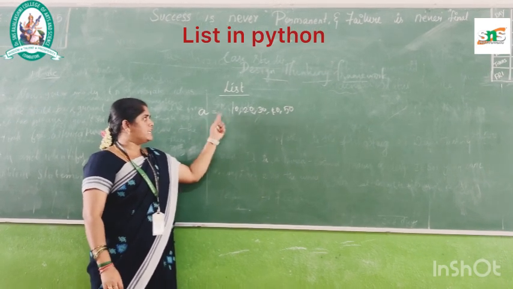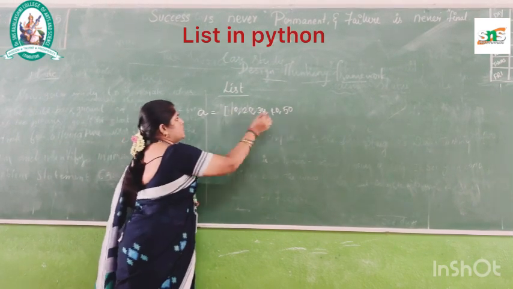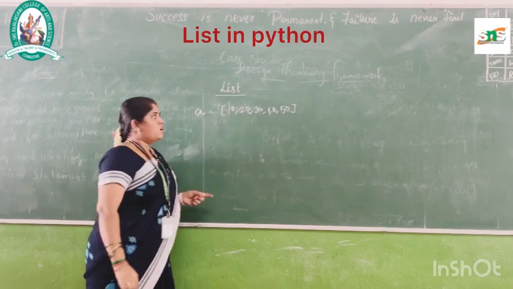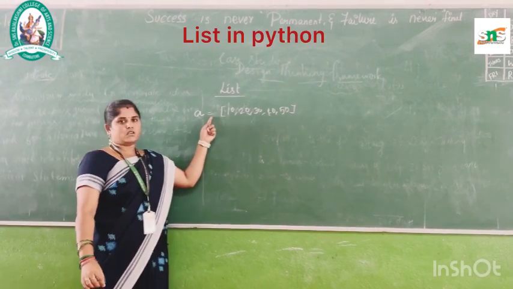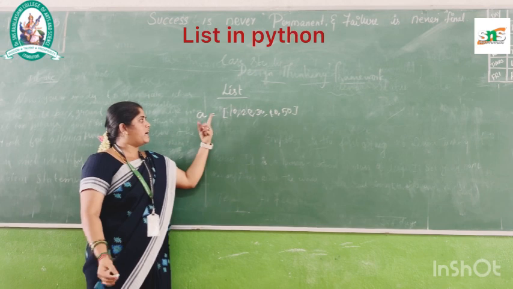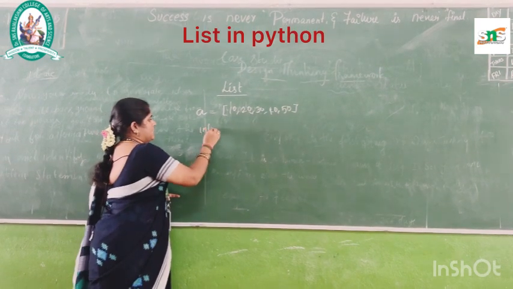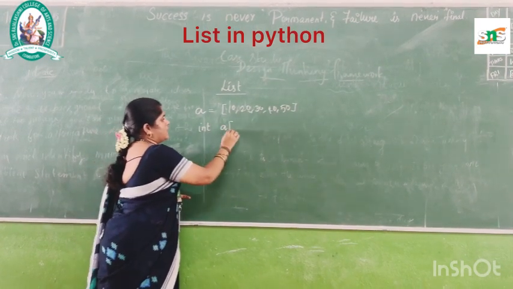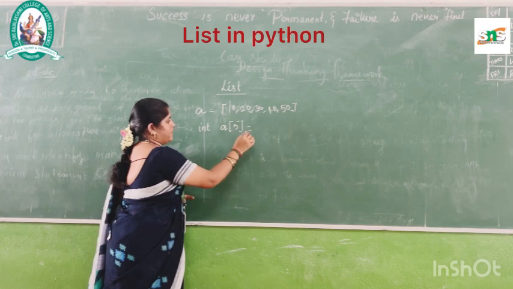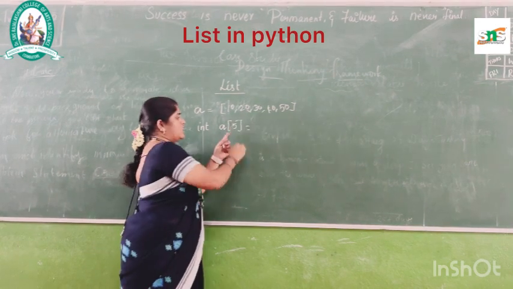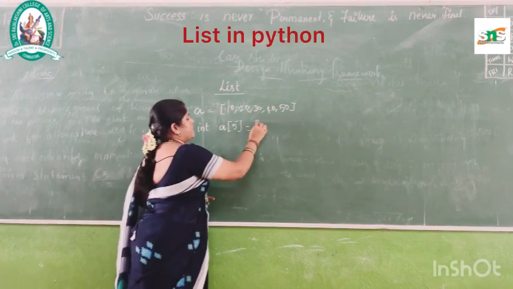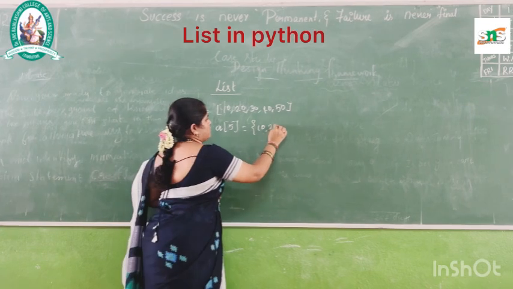To represent it in list format, you have to use square brackets. In the array concept in C programming, you write the data type, the variable name, and the size of the array. Here I have mentioned the size as 5, so I have to give 5 values.